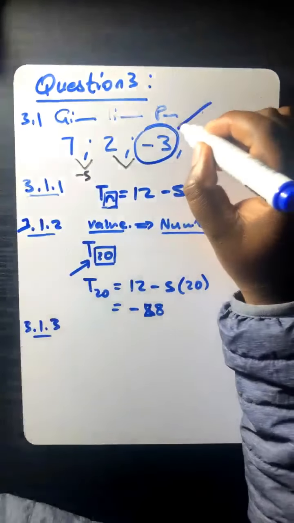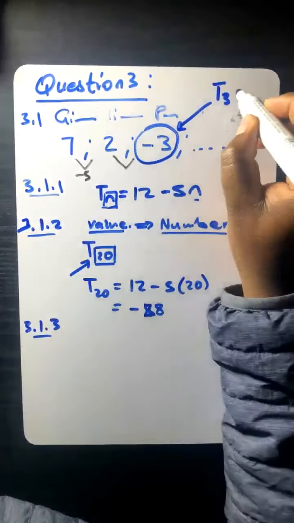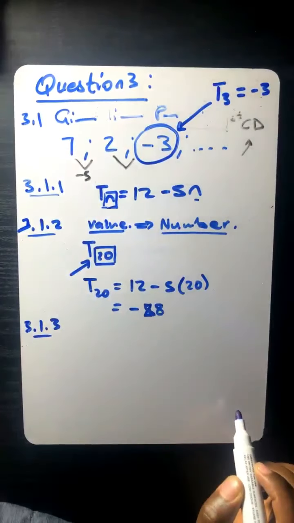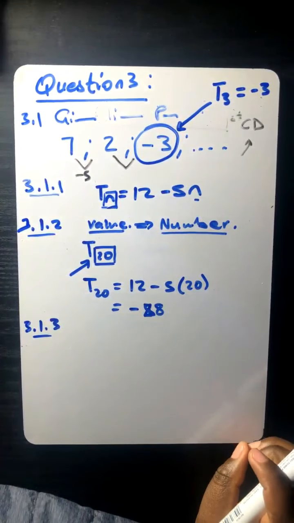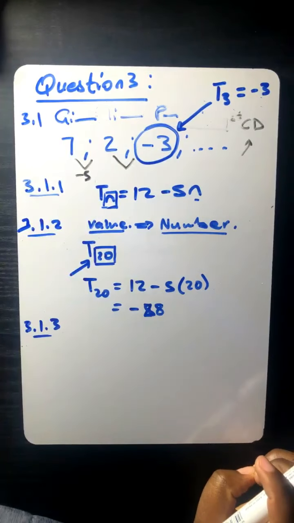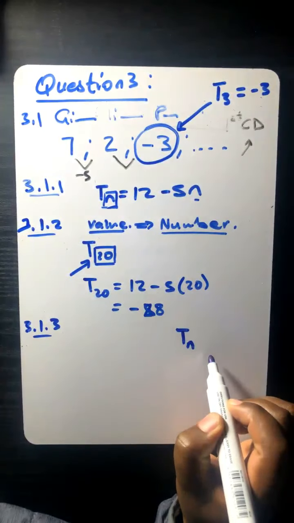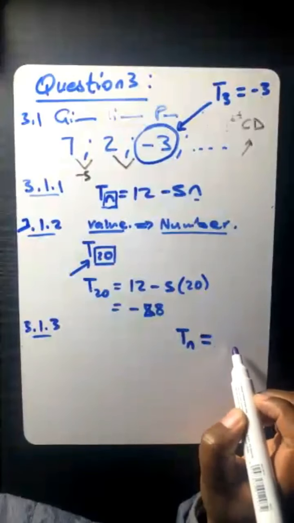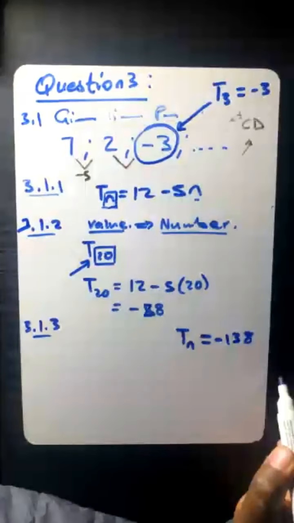So that means term number 3 has a value of -3. In this case, they are saying which term in the pattern has a value of negative that, so they are asking which term of the pattern is equal to -138.